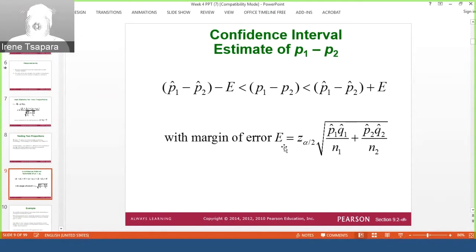The margin of error is again the standard error that you see right here times the z-score for alpha half, since we have a confidence level around the proportion. So we have a two-tailed confidence interval.